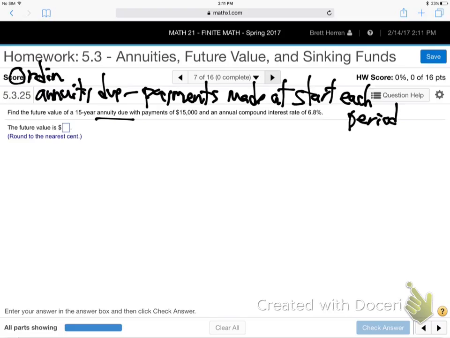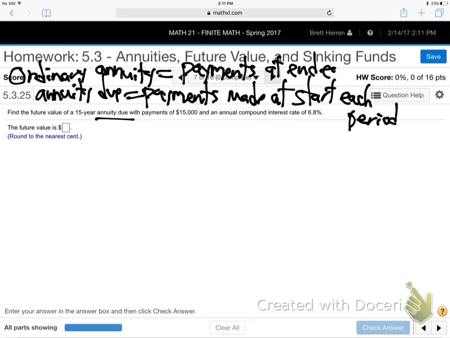Ordinary annuity, which is the ones we were doing in all the other problems, means payments at the end of each period. So that's the difference. So you kind of have to watch that.